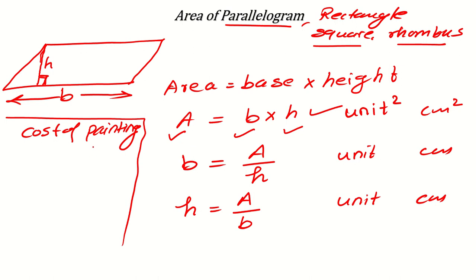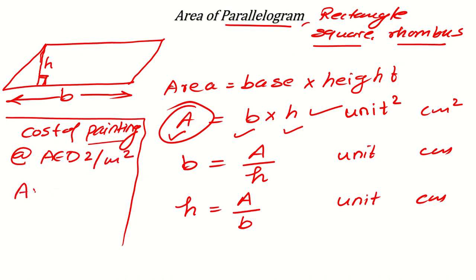Why? Because painting, or wrapping a gift box with paper, all these things involve surface area. So after finding the area, whatever cost they give you, for example the painting rate is 2 dirham per meter square, and you find the area as, say, 100 meter square, then what will be the total cost?